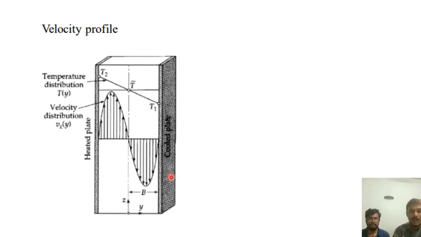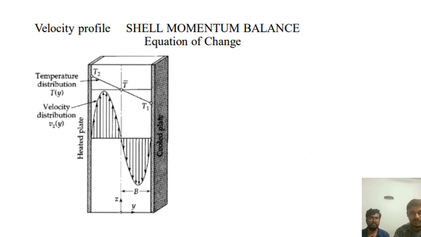Now the net mass flux over this complete region, if I take a net mass flux at any cross section over this complete region, that is from minus b to plus b, it will always be zero. Now we will apply the shell momentum balance equation or equation of change.